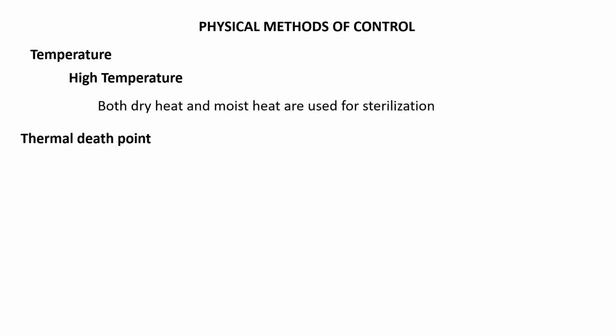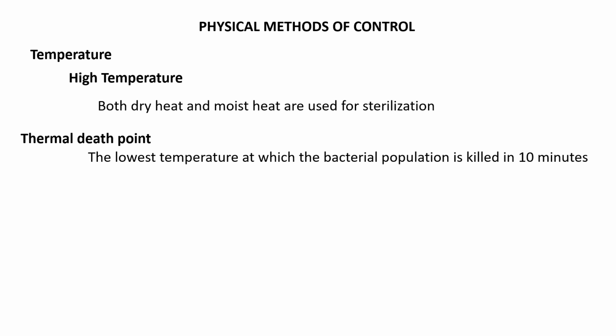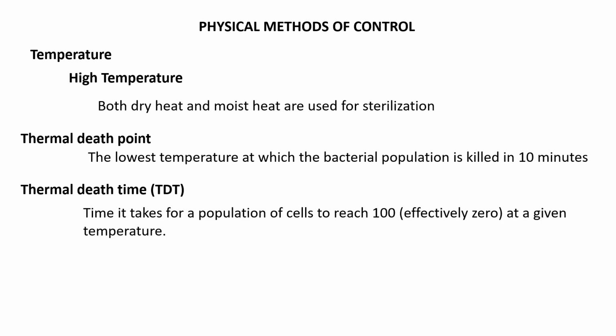It was defined as the lowest temperature at which the bacterial population is killed in 10 minutes. This was then replaced by the concept of thermal death time. The thermal death time is the time it takes for a population of cells to reach effectively zero at a given temperature. But it is virtually impossible to reach zero value.